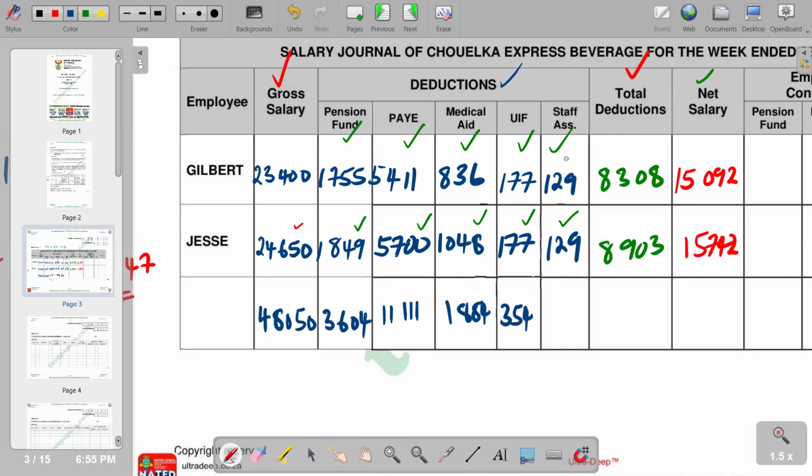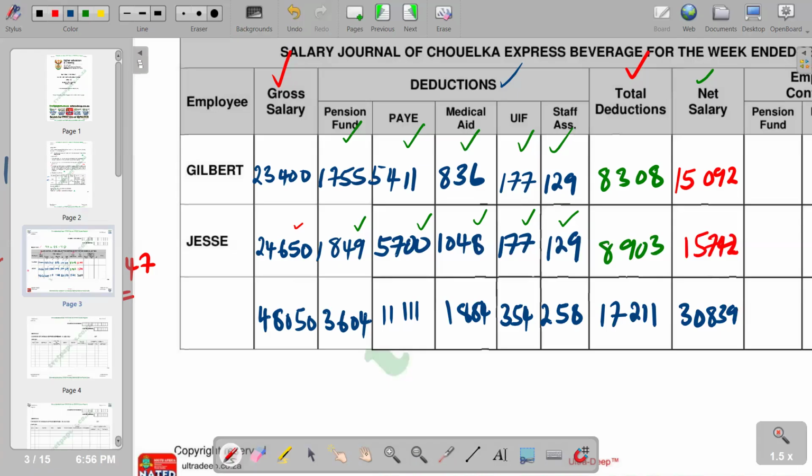Staff assistant 129 plus 129, you get 258. Total deductions again, we add them, we get 17,211. We add for net salary. Our total is 30,839. So this is what we have on that part.